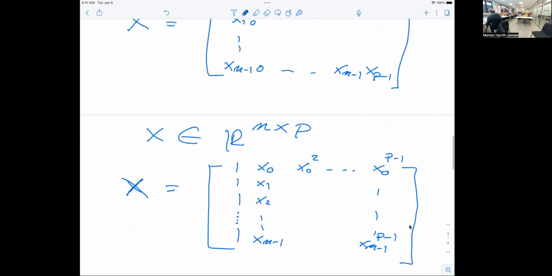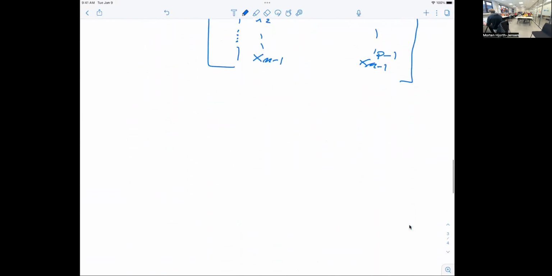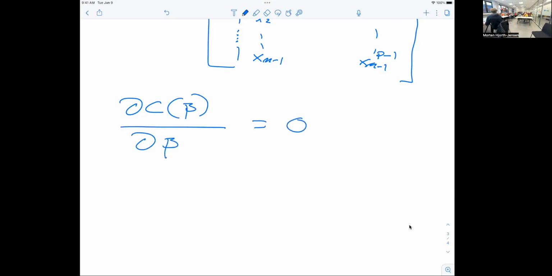The next thing which we did last time was to find the optimal parameters. So what we have done is to find a function which we use to gauge whether the model is a good one or a bad one. And then we want to minimize this quantity, which in general leads to a convex optimization problem. One of the things which we did, where we landed last week, was to take the derivative of this function, C of beta, with respect to the unknown parameters beta, and put that equal to 0.